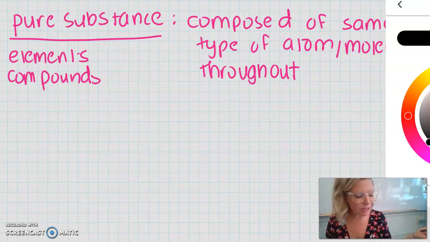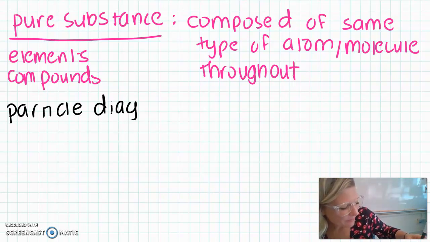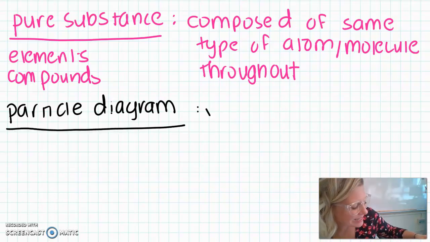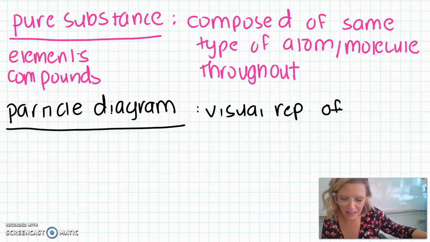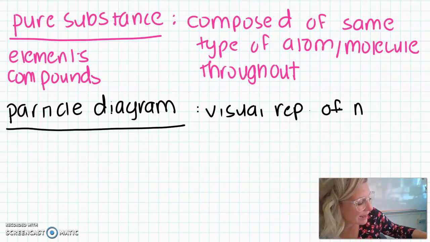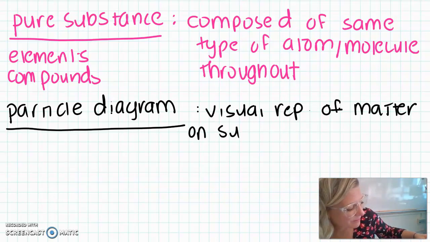Now we're going to talk about how we represent or visualize that, and we do that through what's called a particle diagram. Particle diagrams are our visual representations of the elements, the compounds, or the mixtures, on the subatomic level.